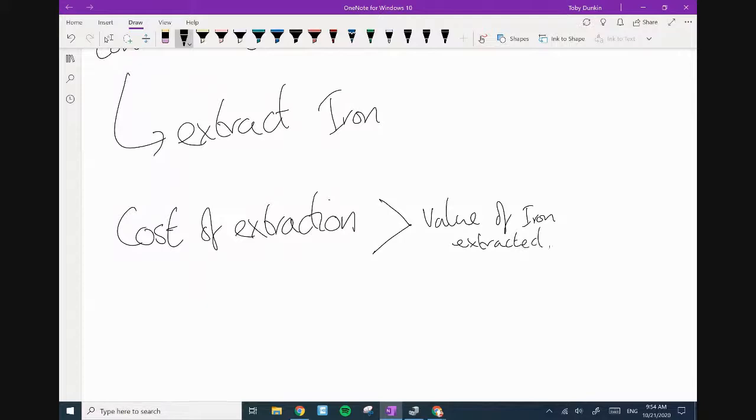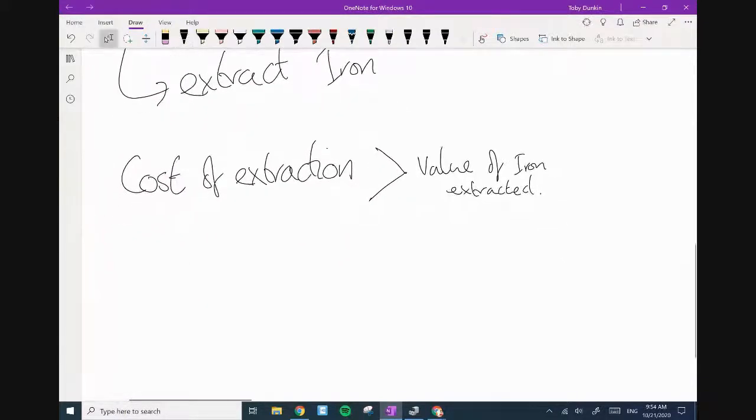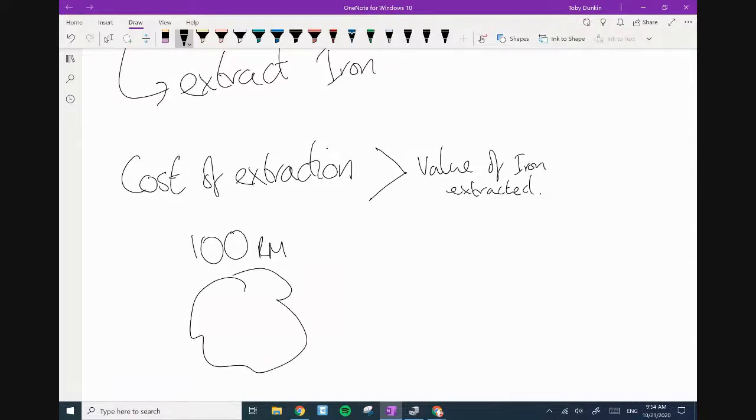So it's just not worthwhile doing. Let's say it costs me 100 ringgits to extract it from the rock, and the little tiny piece of iron I've got is worth 1 ringgit. It's just not worth the process.